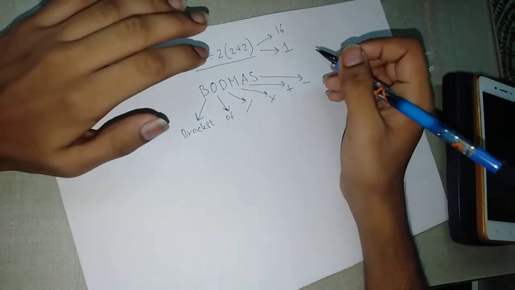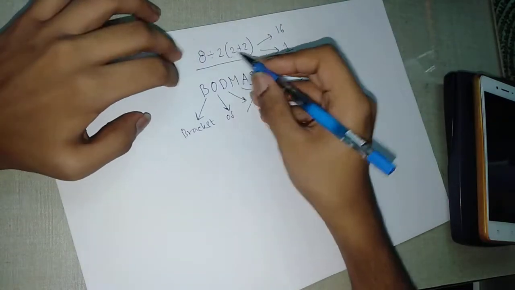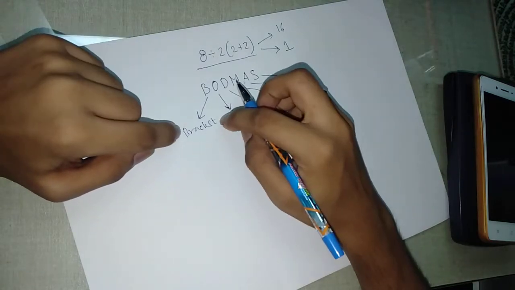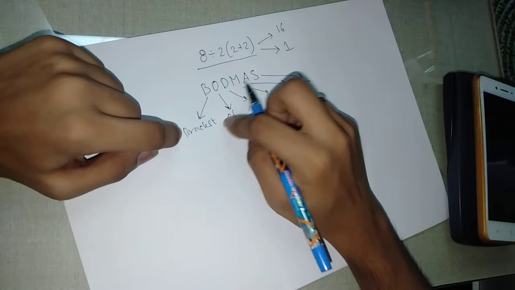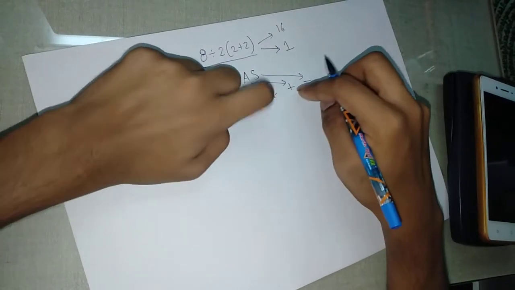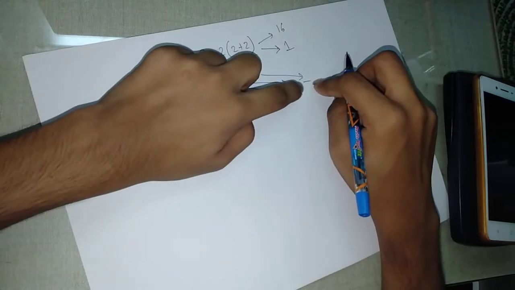So the priority goes like this: in an equation the first thing you will evaluate is what is given in the bracket, then you go for the of, then the division, then the multiplication, then the addition, and finally the subtraction.